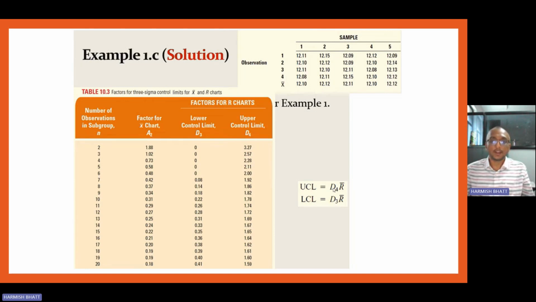So the values of D3 and D4 can be found out from this particular table for a particular sample size. Now, by putting the values of D3 and D4 and R bar in both of these equations, we can have the values of UCL and LCL.